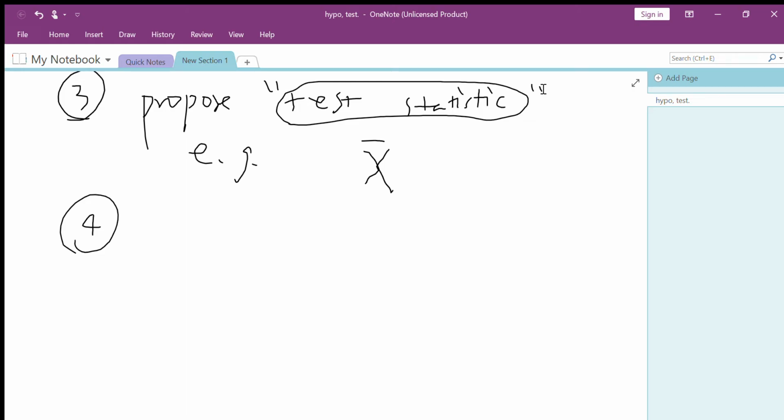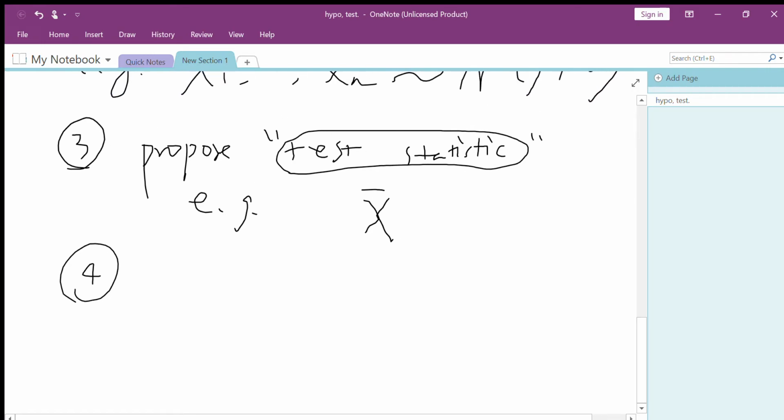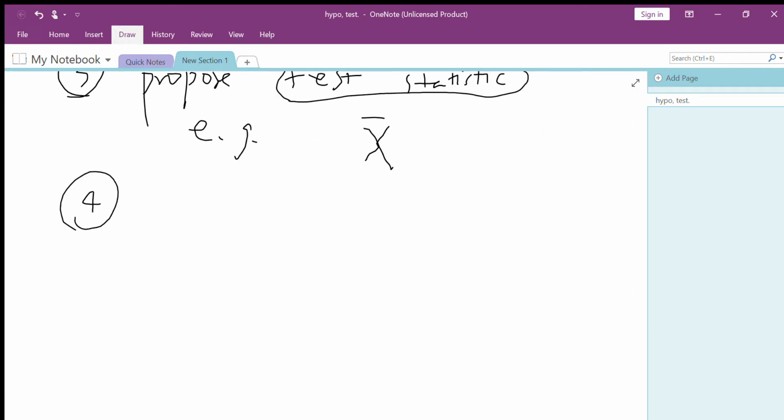So the last step is the important step. The last step is no new thing. We need to compute some conditional probability. So let's state it formally.